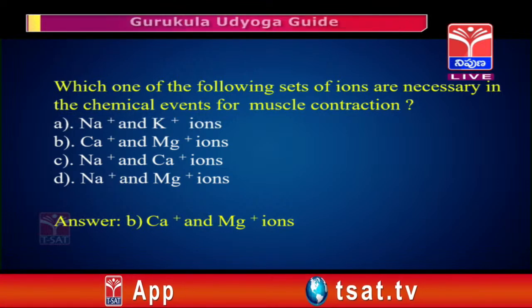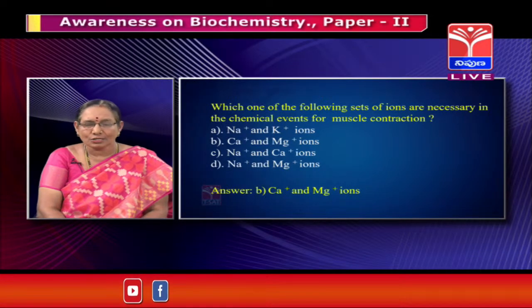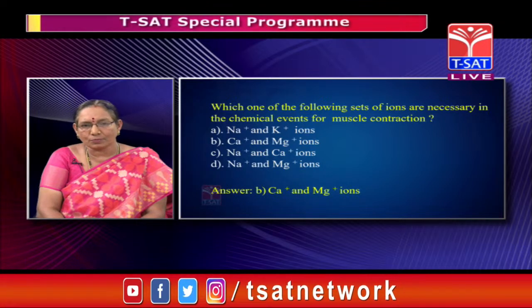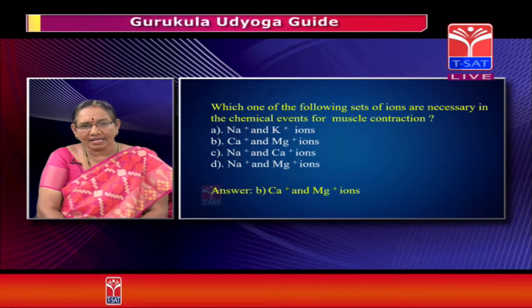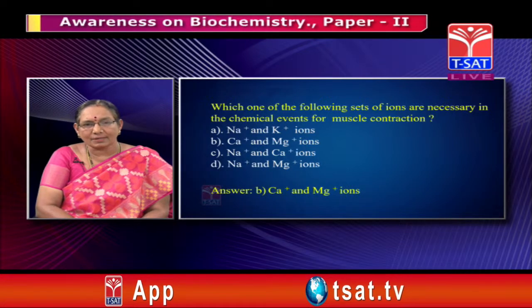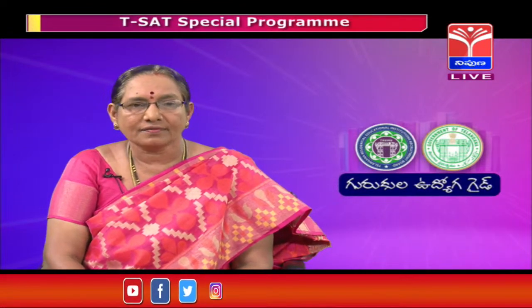The other combination is calcium and magnesium ions. Another is sodium and calcium, and sodium and magnesium. This is only to confuse us. Electrolytes, sodium and potassium, have nothing to do with muscle contraction. So obviously we have to go with calcium and magnesium. Calcium ion helps in the sliding movement of actin and myosin filaments. If you learn the mechanism in detail, you can easily figure out the answer.